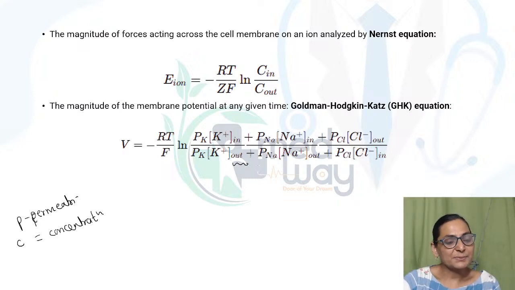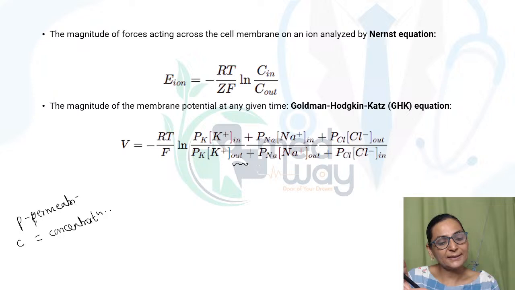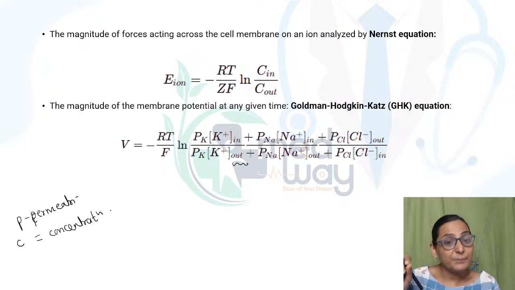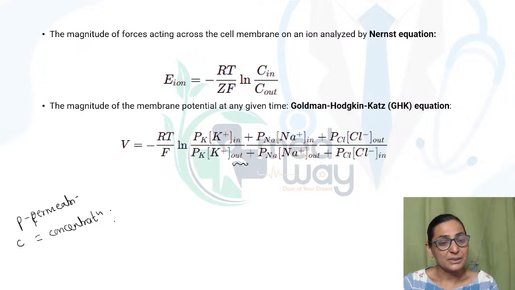And what was the Nernst potential taking? It was only taking the concentration. But the Goldman-Hodgkin-Katz equation is taking permeability also, right? So remember, because it takes permeability into consideration along with concentration, and because permeability is maximum to potassium ions, this proves that potassium is the main contributor to RMP.